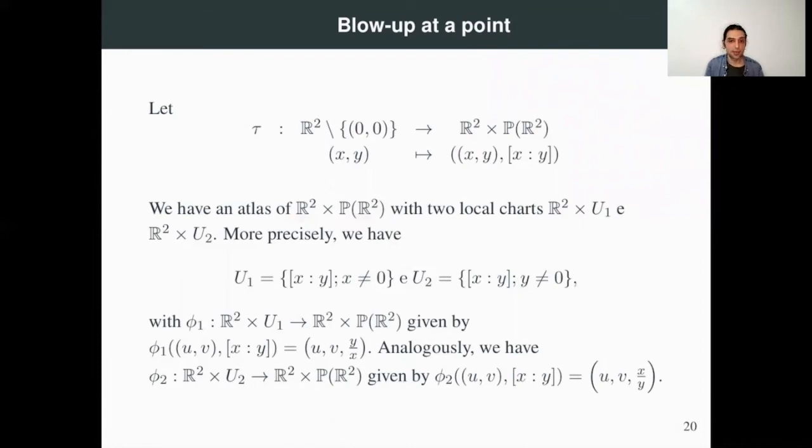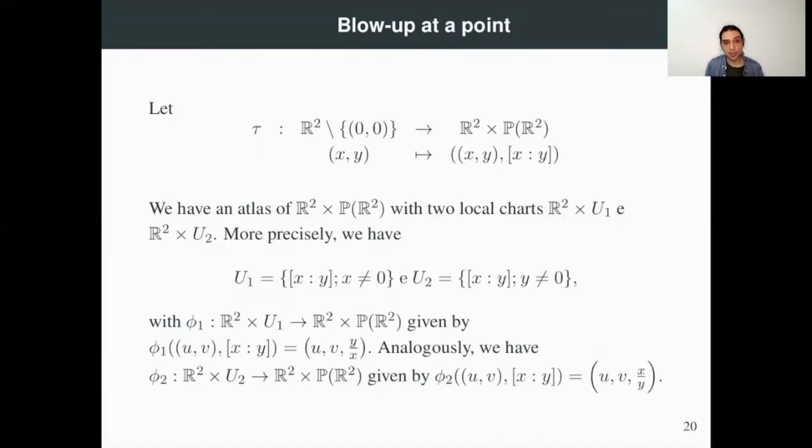R2 has an atlas that has just one chart, which is the identity map. And we saw that the projective line of R2 is a manifold that has two natural charts. So because of that, the Cartesian product is going to have an atlas with 1 times 2, in other words, two charts.